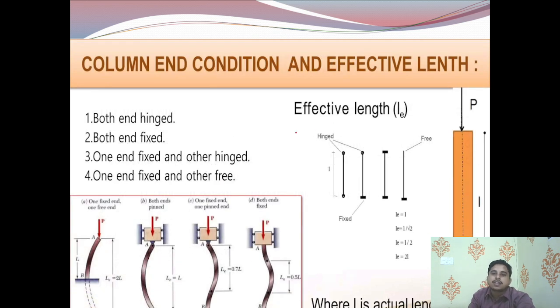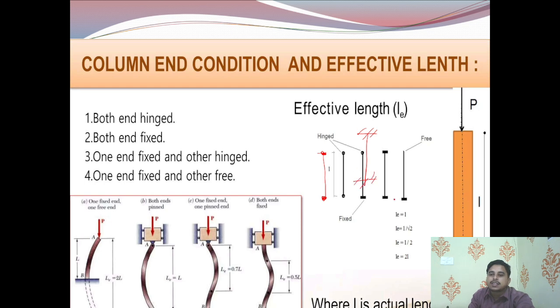Now here you can see the end condition. If a column has two pin joints, here we are showing a pin joint like this, and a fixed joint we will show like this.